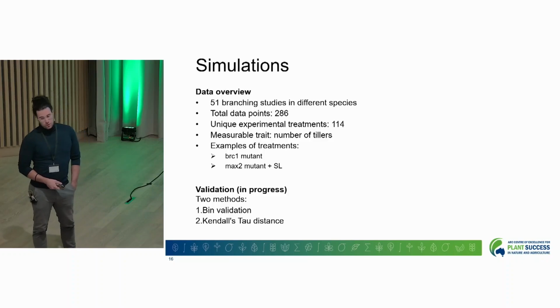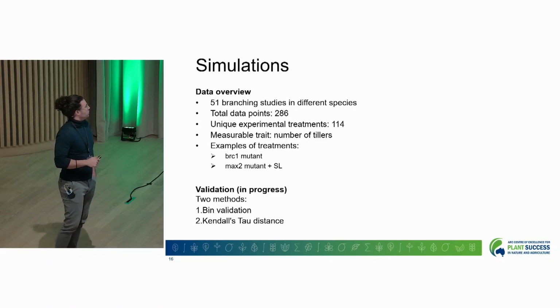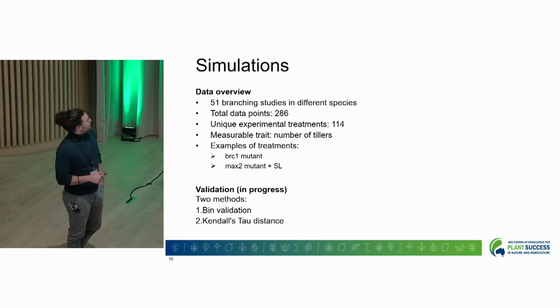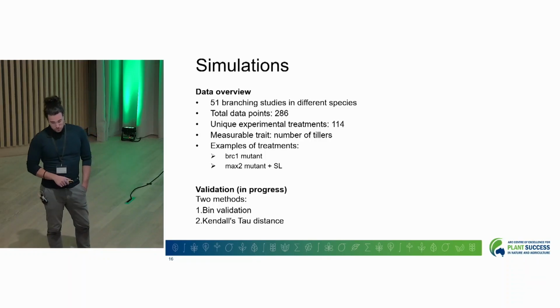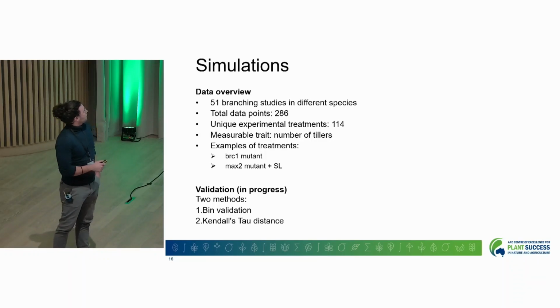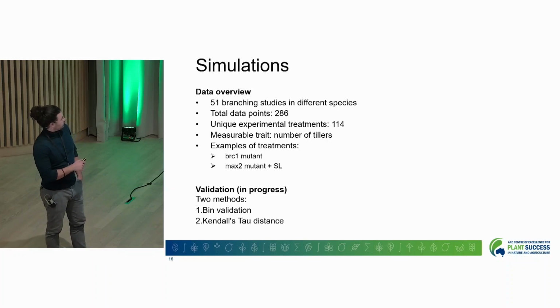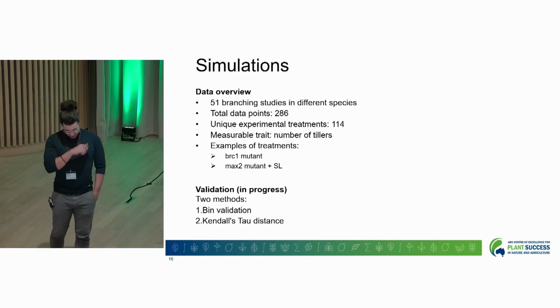And when I talk about simulations, I mean they were different, for example, mutants. There were double and triple mutants. There were also mutants plus the exogenous supply of a hormone and others. And these all came from 51 branching studies in different species.